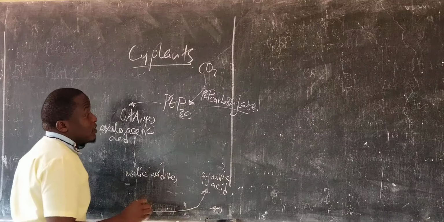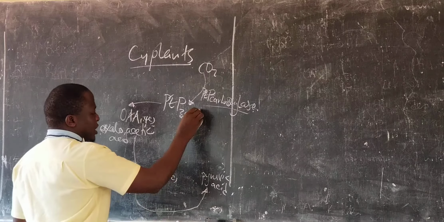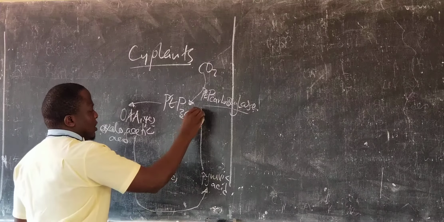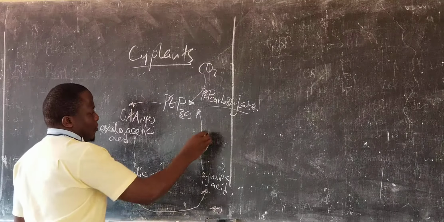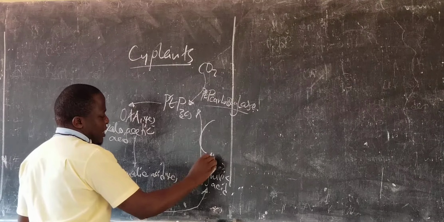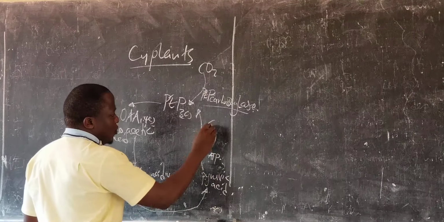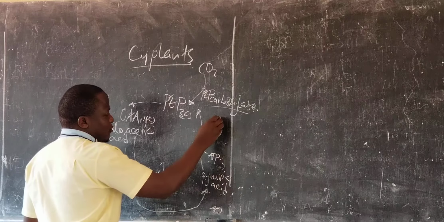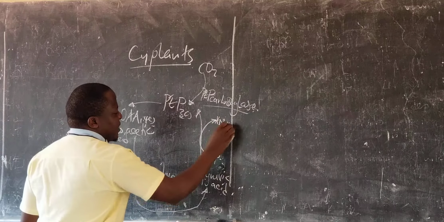Pyruvic acid is used for regeneration of the PEP. This is an energy-consuming process, so an ATP molecule is broken down to ADP and inorganic phosphate.